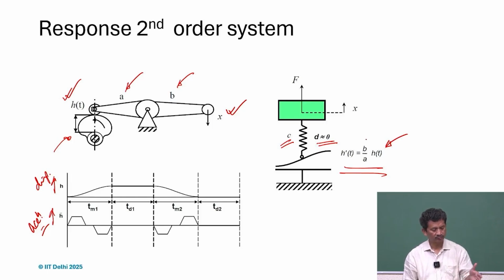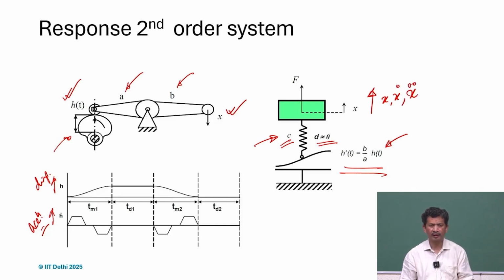So it will get amplified. This is the input received by the system, and in between is the stiffness of the lever here. If that is the case, what is the output? x dot and x double dot.